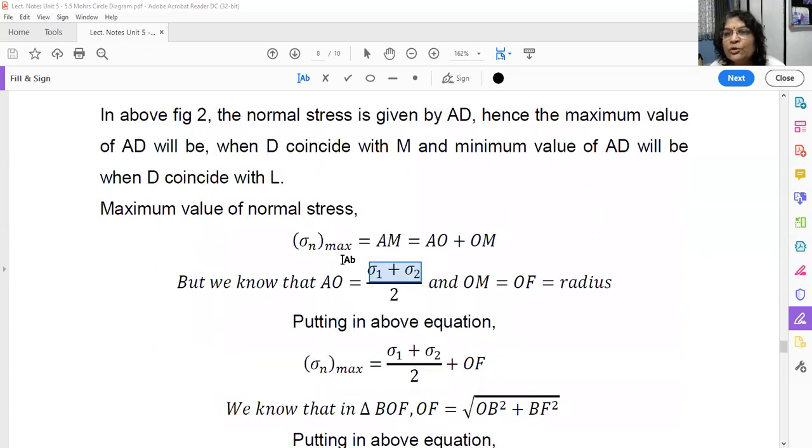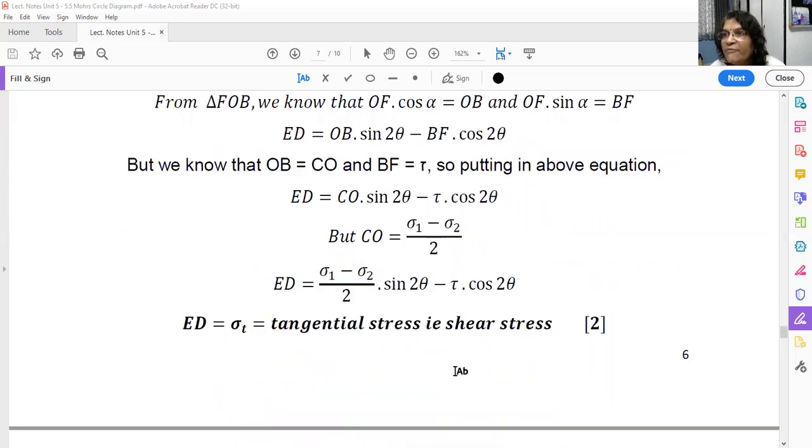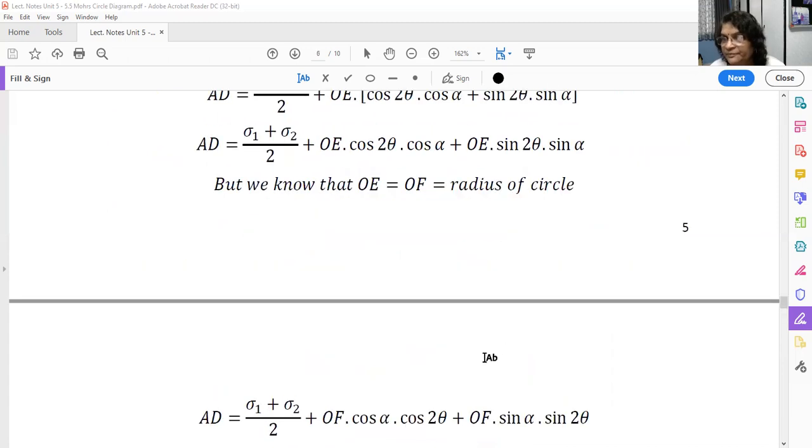So AM is equal to AO plus OM. What is AO? Sigma 1 plus sigma 2 by 2. And OM is equal to OF, the radius. Now putting this in, AO is sigma 1 plus sigma 2 by 2 plus OF. Now what is OF? Here you have to define OF using Pythagoras theorem.